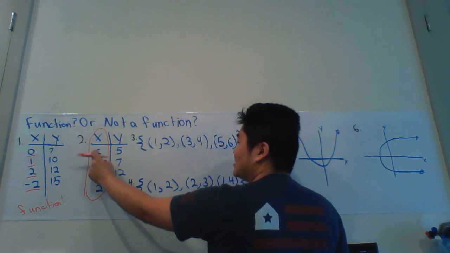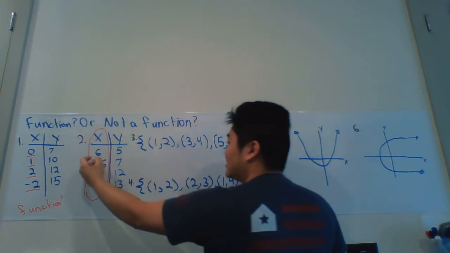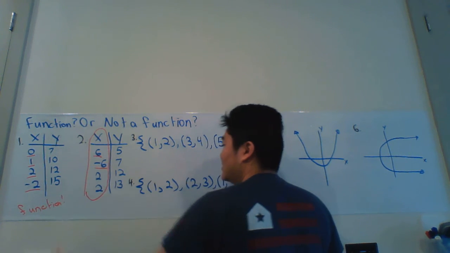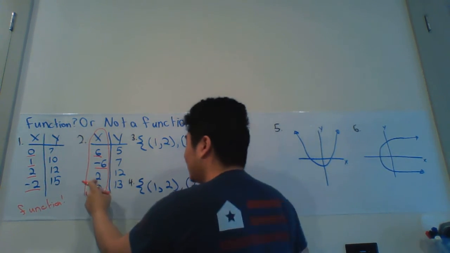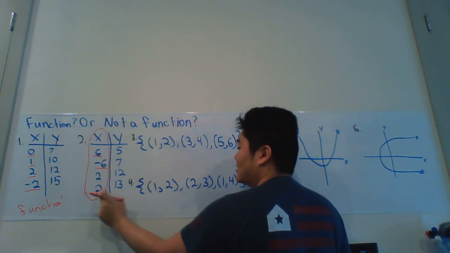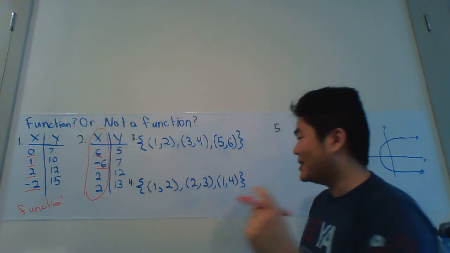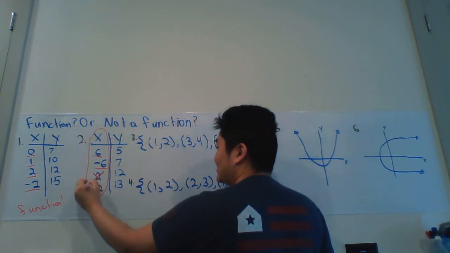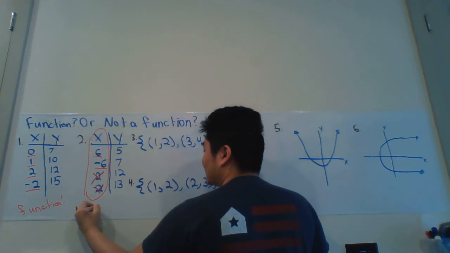I've got the 6 and the -6. Just like I said in the last problem, this is completely fine. But if we go down here, I see a 2, 12, and a 2, 13. I have two of the same number. That 2 is repeated. So that means it is not a function.